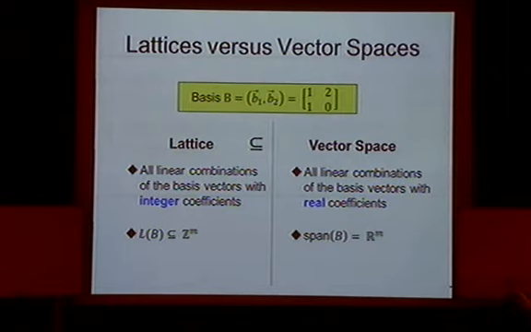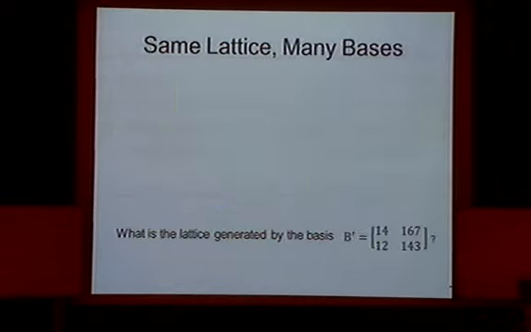In fact, if I do that with the two vectors I wrote on the board, you will get the entire two-dimensional plane. The difference between that and lattices is that in lattices, I only allow integer linear combinations of the basis vectors, which gives you a discrete set as opposed to a continuous space. It's good to remember that these two are related, but there's a very important difference between them.